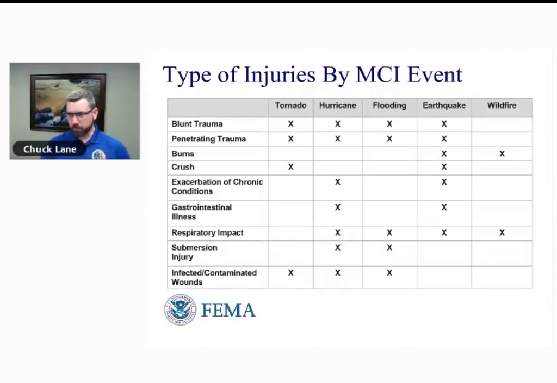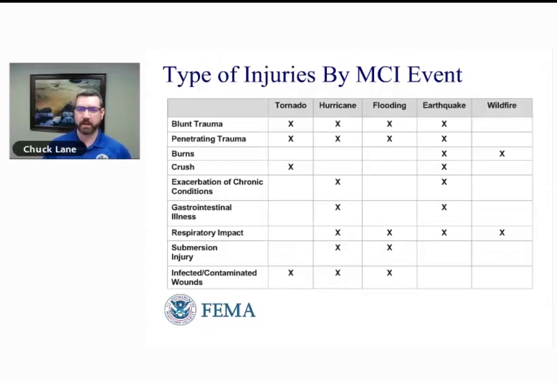So gastrointestinal injuries or illness I want to talk about for a minute. With hydrologic disasters or with hurricanes, flooding, you can have contaminated food, you can have contaminated water sources. A lot of people, whether they're displaced, not so much in shelters, but if they're displaced for an extended period of time, you can have poor hygiene.